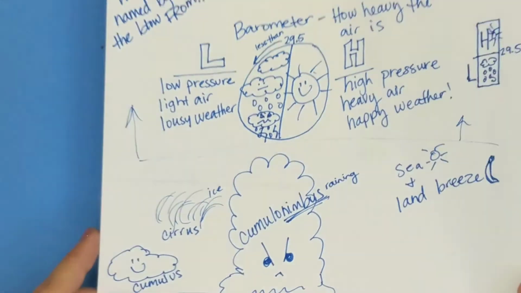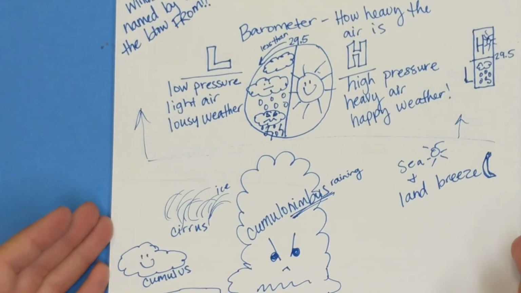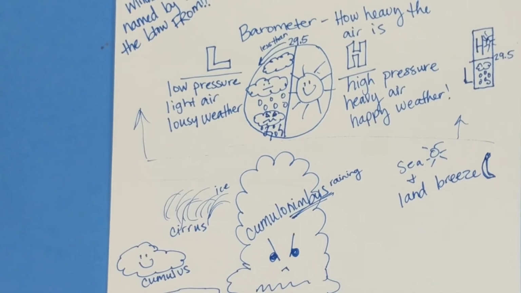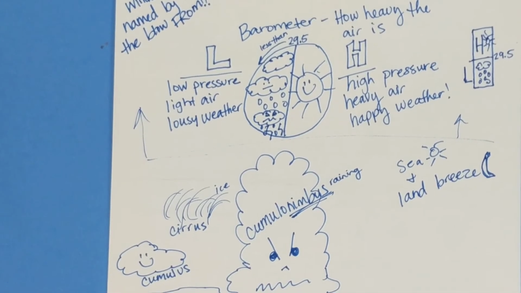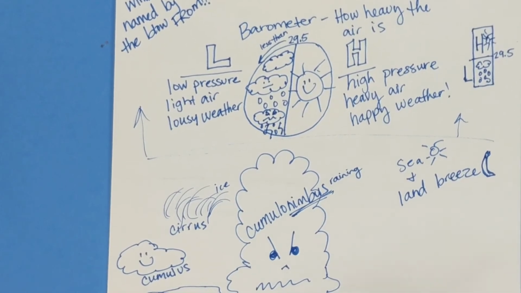Guys, you all have learned a lot in the past 8 to 10 weeks about weather. Please go back and look in your digital science notebook at the things that we learned about heat transfer. Conduction is heat transferred through direct touch.